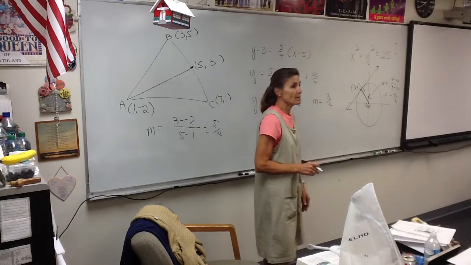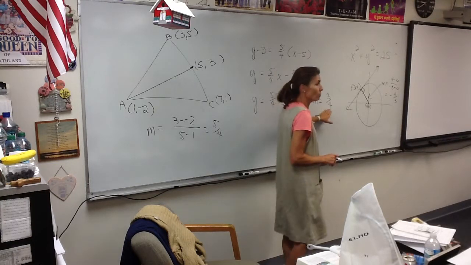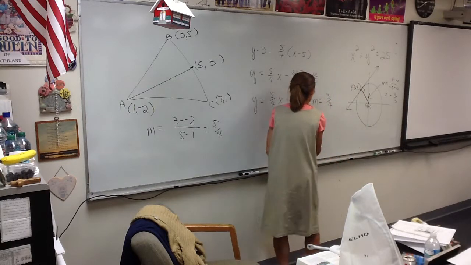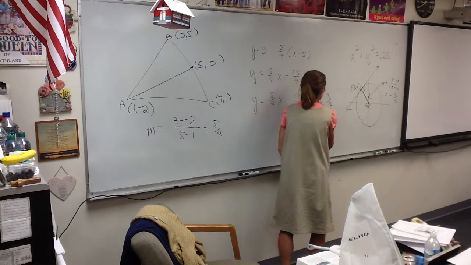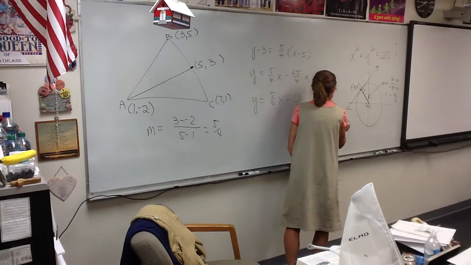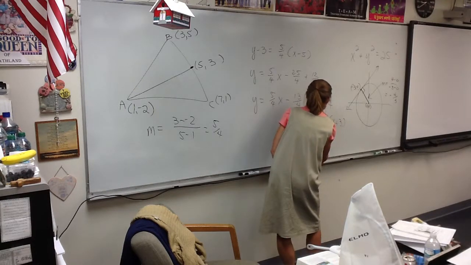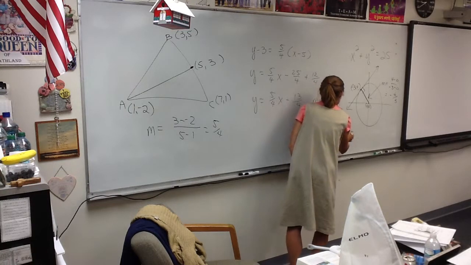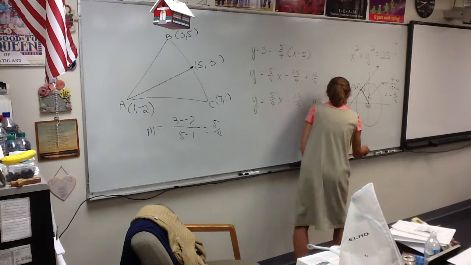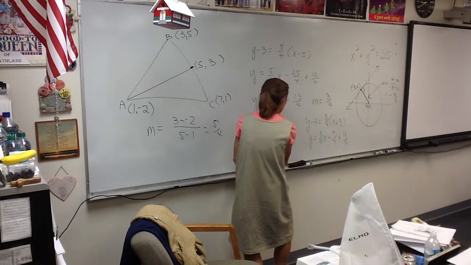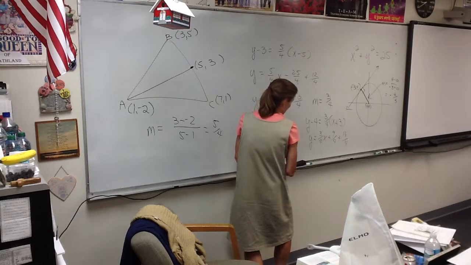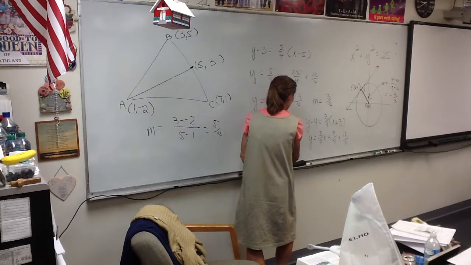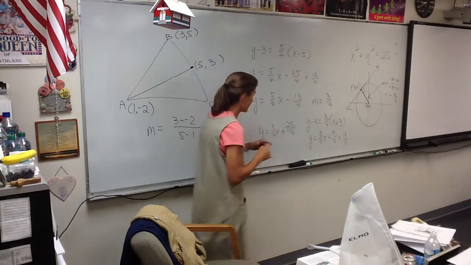Now I'm home free because now I have a slope, I have a point, so I can write the equation of my line. Double check my arithmetic. When you're done, I got y equals 3/4 x plus 25/4, but I might have made a mistake.